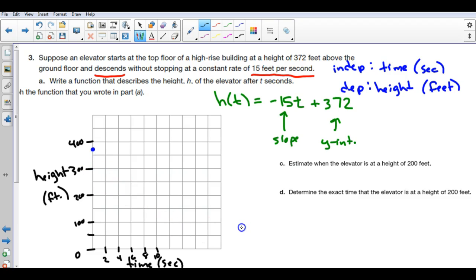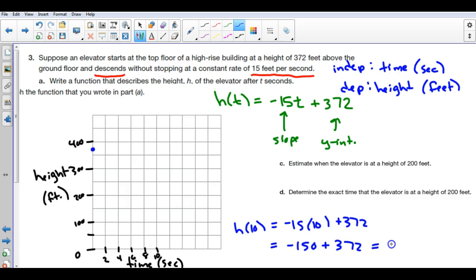So I'm going to evaluate h of 10, which is negative 15 times 10 plus 372. Negative 15 times 10 is negative 150, and then I'm going to add 372 to that. So after 10 seconds of riding the elevator, you are at 222 feet.